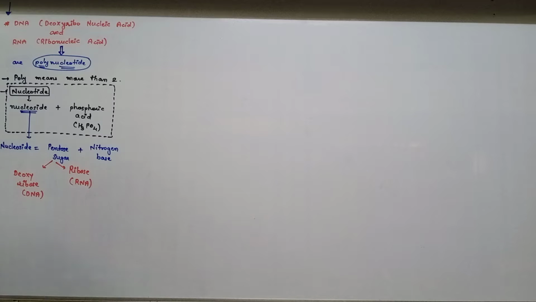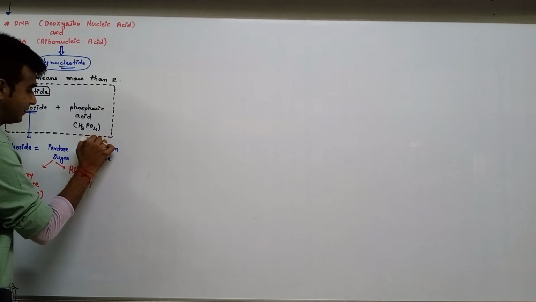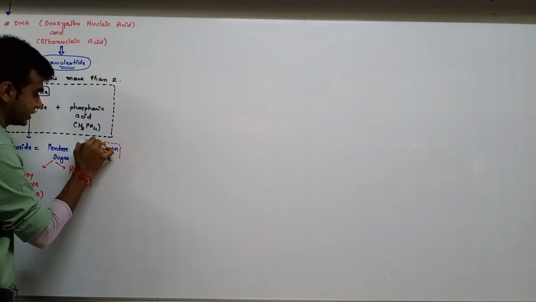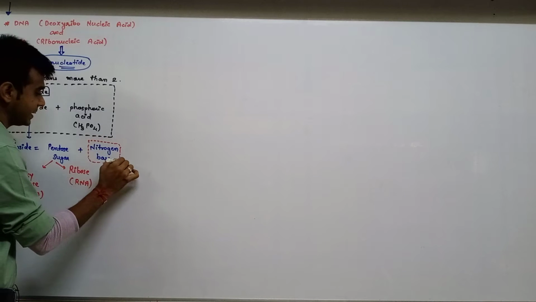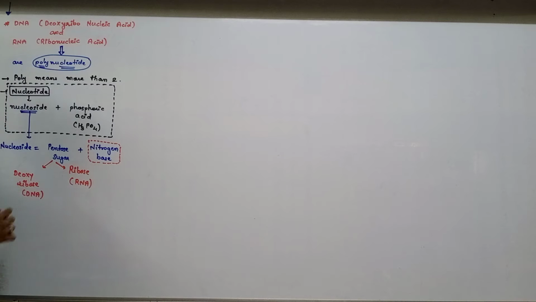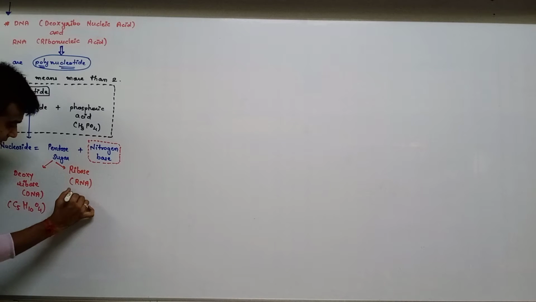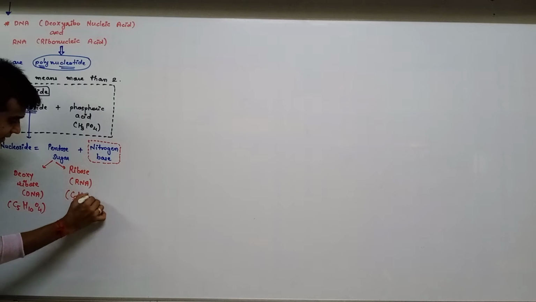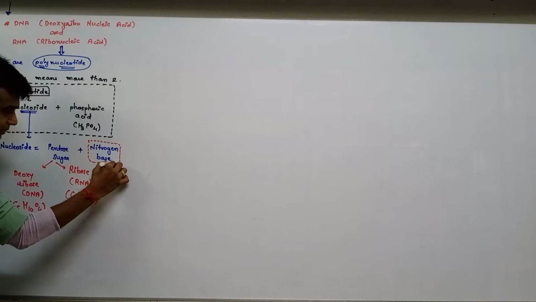But today I want to tell you about nitrogen base in detail. Deoxyribose has the chemical formula C5H10O4. Ribose sugar is C5H10O5.